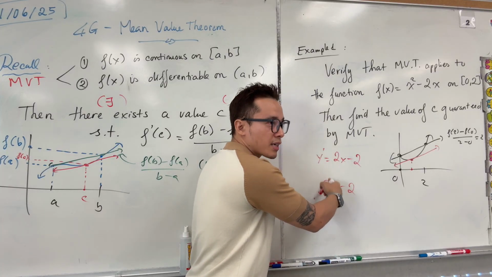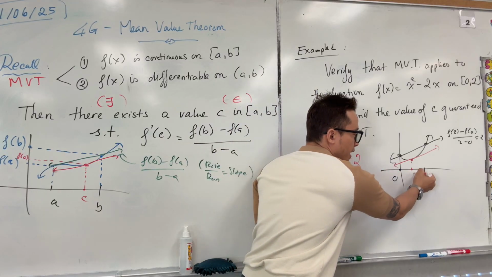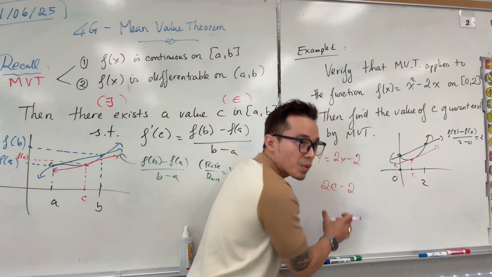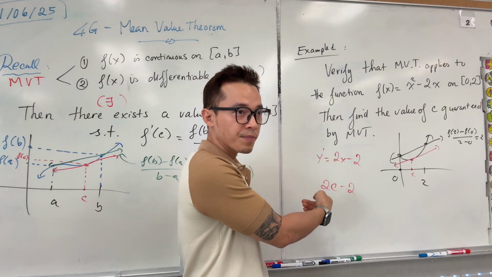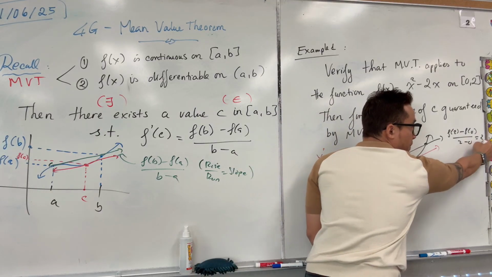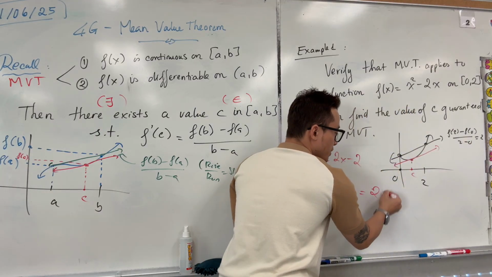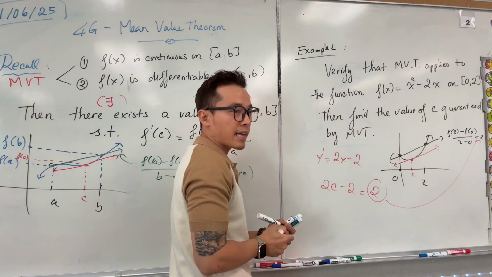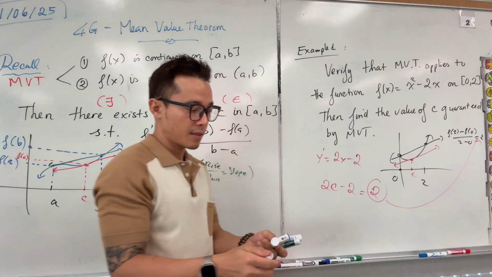This is the slope of the tangent at any point C, and it needs to be equal to the slope of AB, which is 2. Then can you solve for C from here? C is?